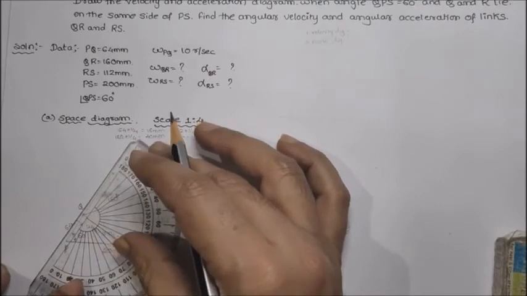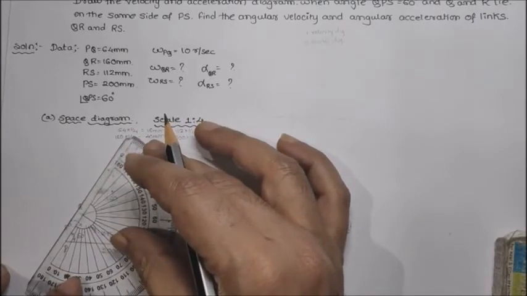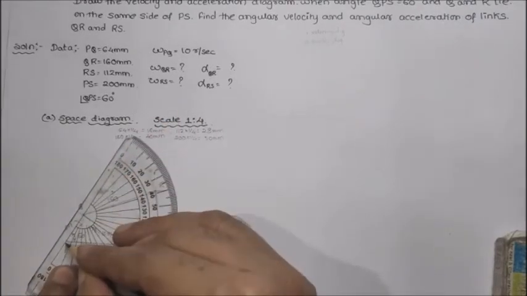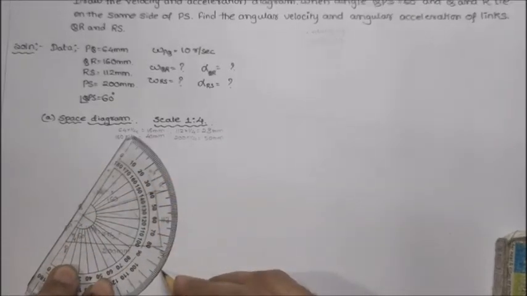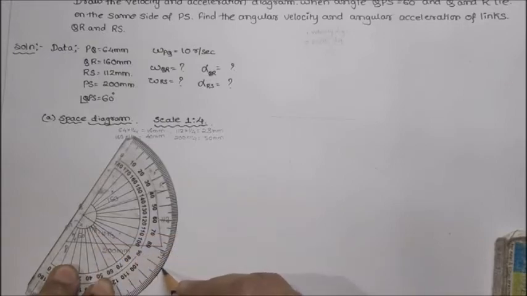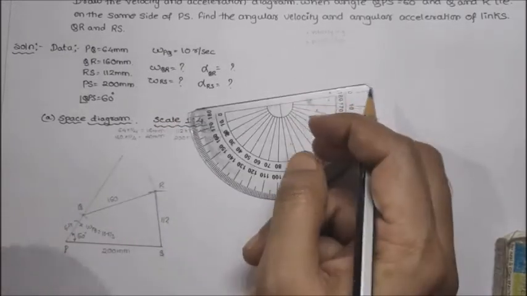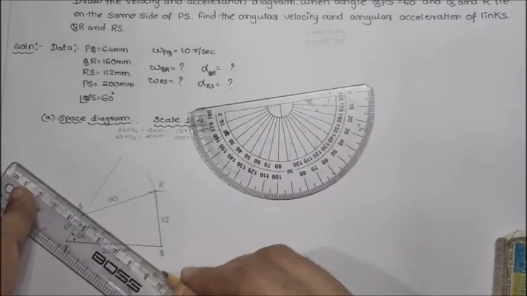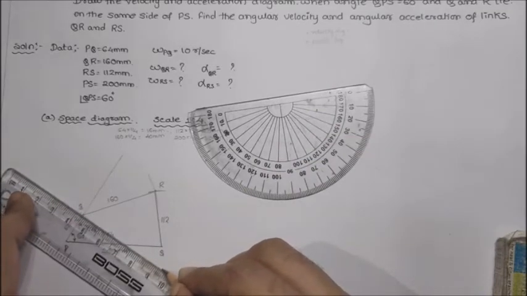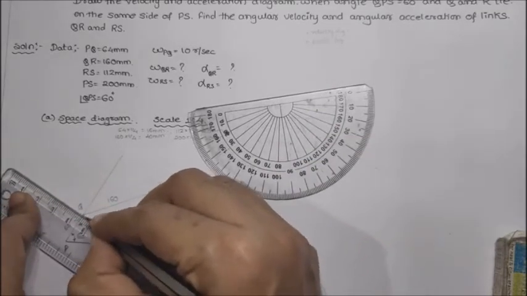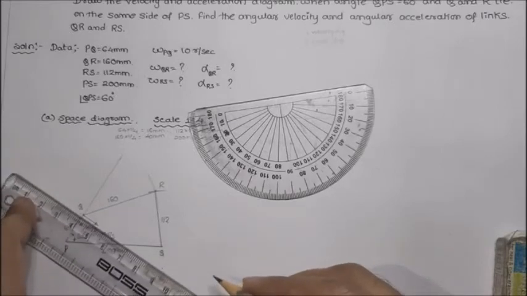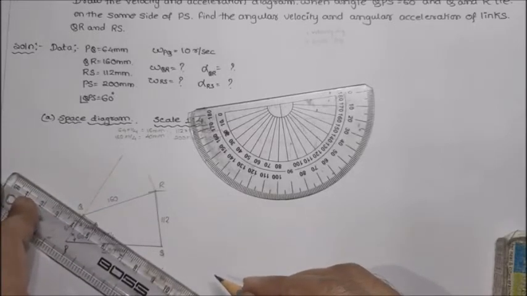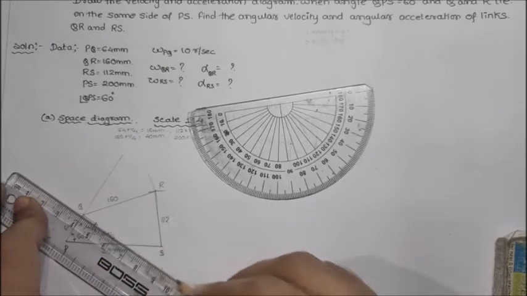So from there, keep the protractor at point Q and a line of 0 coinciding with PQ. Measure from here 90 degrees, and you will get the direction of velocity of Q with respect to P in this direction, and I suggest you better extend the line.